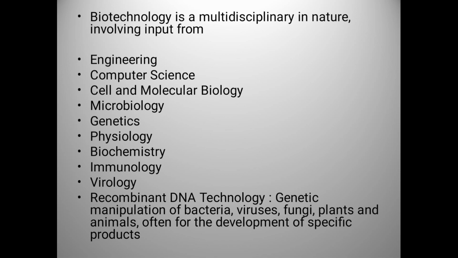Recombinant DNA technology is the genetic manipulation of bacteria, viruses, fungi, plants, and animals. We manipulate the genetic material of all these organisms, often for the development of specific products.